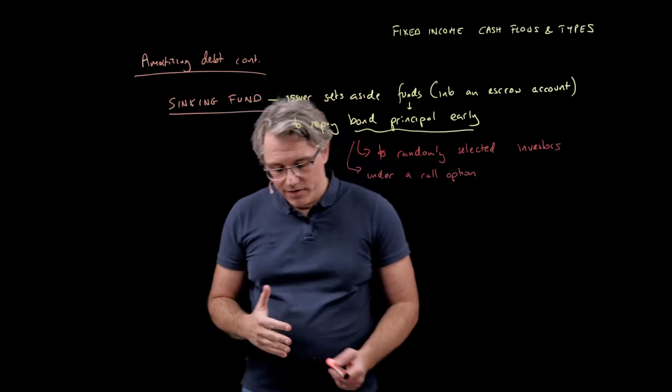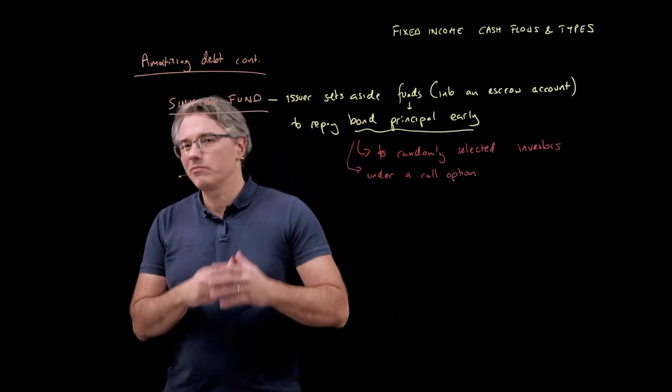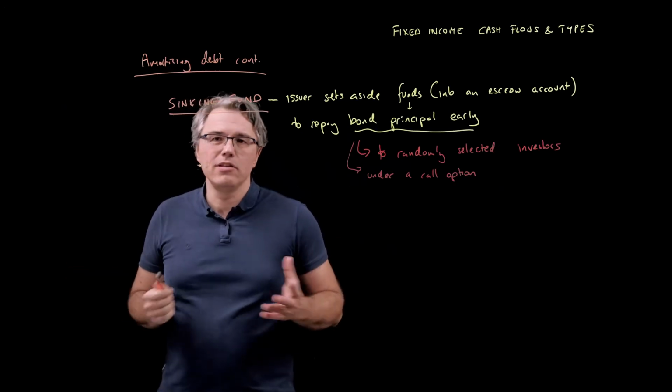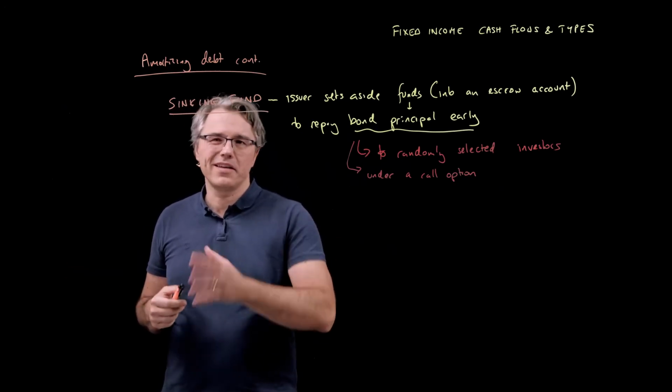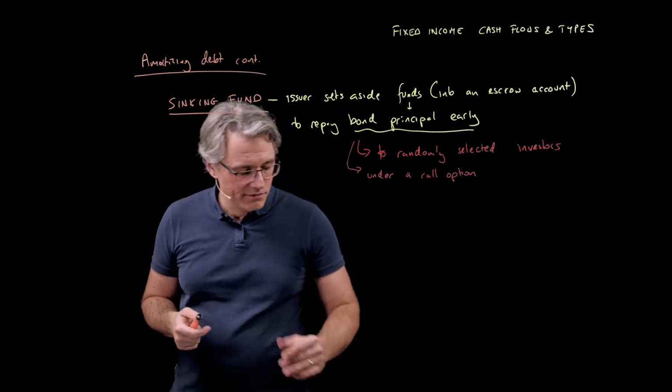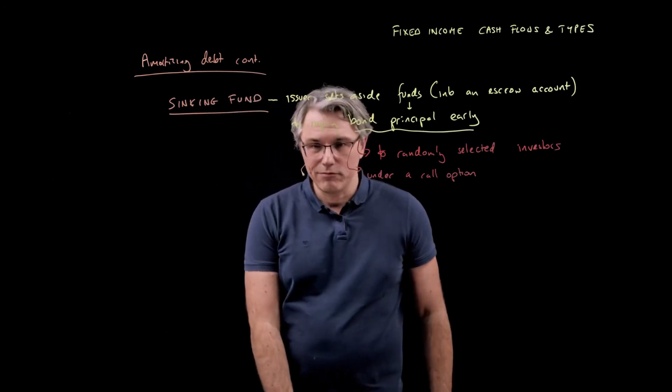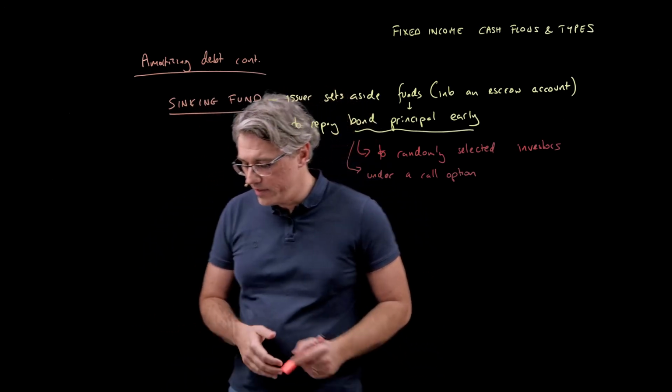Okay, these two methods may be tested, but even if they appear, it will only appear in a theoretical question, and I guess they'll probably ask you, if at all, about what a sinking fund generally is.